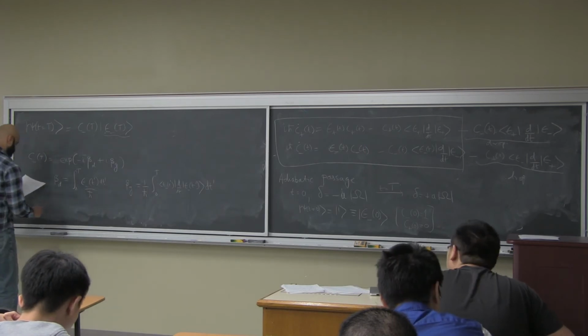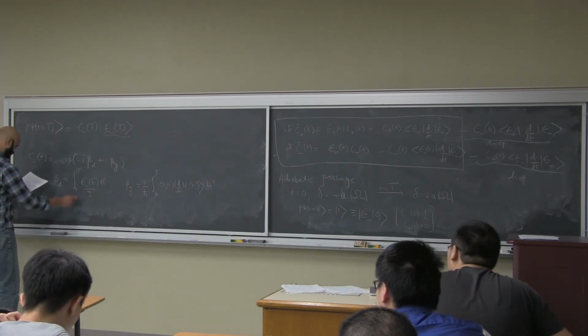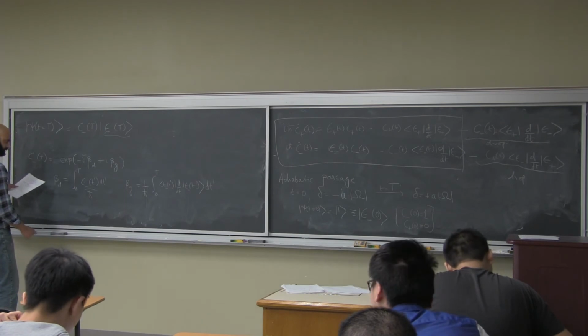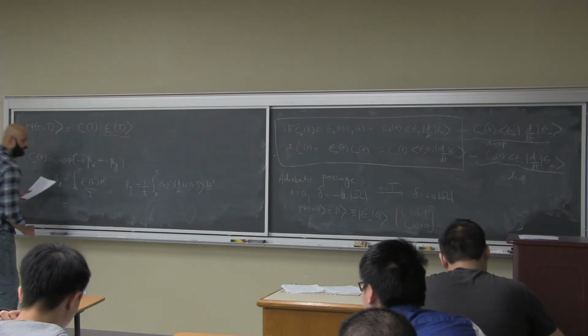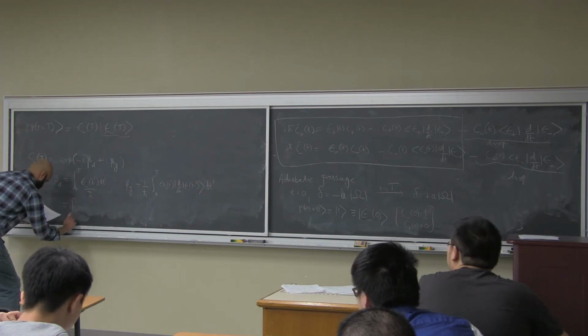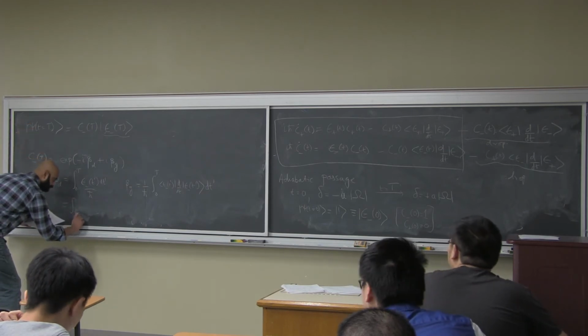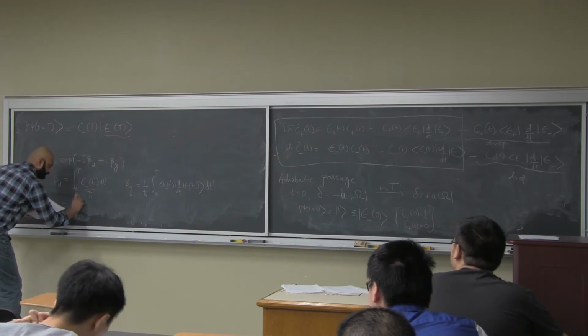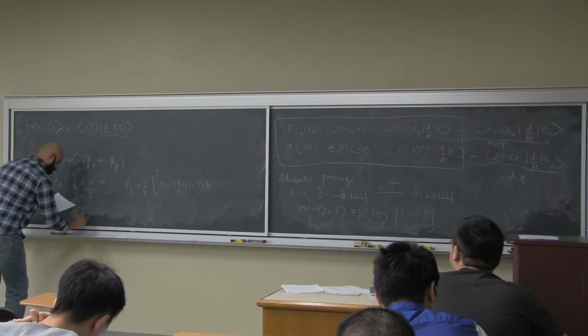Okay. So if I want to write it now in terms of the parameter which is actually being swept, then I need to write this as from delta at time 0 to delta at time t. I'm making a transformation of variables.